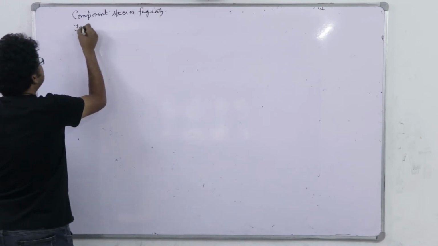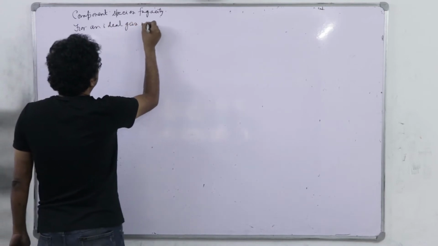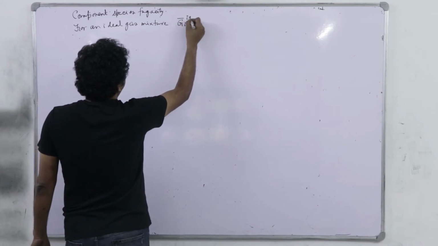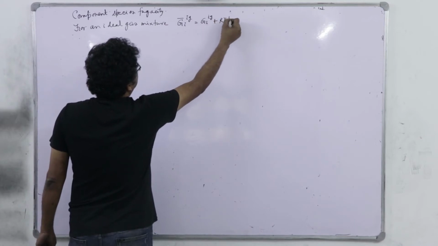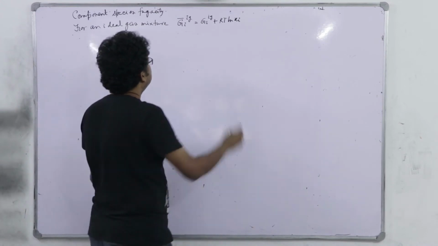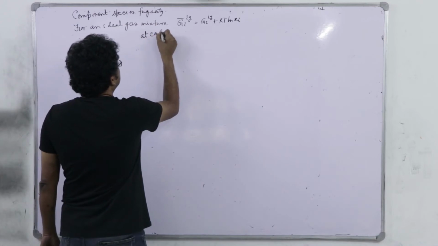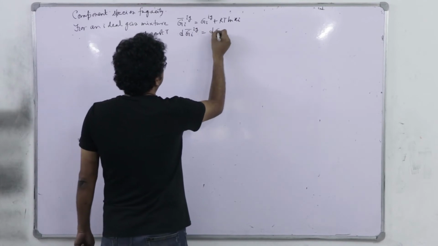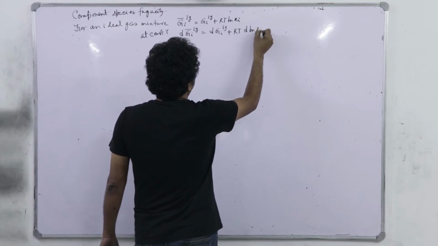Now, for an ideal gas mixture, from Gibbs theorem, Gi bar ig is equal to Gi ig plus RT ln xi. We have solved it using Gibbs theorem. So, at constant temperature, dGi bar ig is equal to dGi ig plus RT d ln xi.